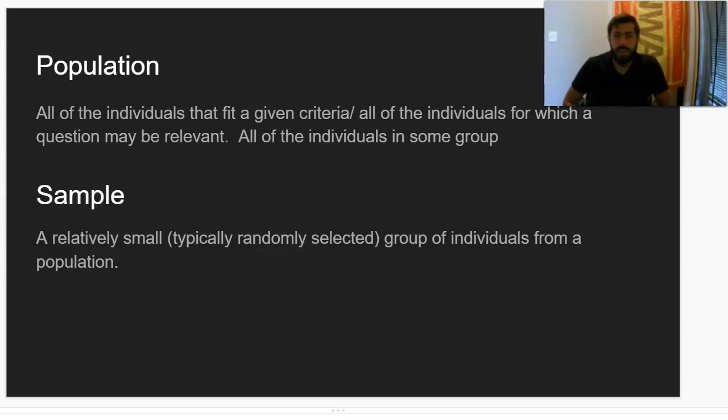So if I ask, what is the average shoe size of people in San Antonio, and then I only find the shoe size of people at Roosevelt High School, that's not necessarily representative of the entire city of San Antonio, because a high school only has a certain age range of people within it. So that is the difference between those two.